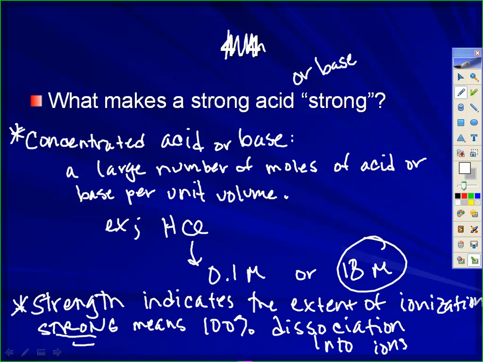So you could have an acid that was very, very concentrated, say that it was 14, 15 molar, but just because it's very concentrated does not mean that it's a strong acid. Same thing for bases. So those two are different things that get mixed up quite a lot.